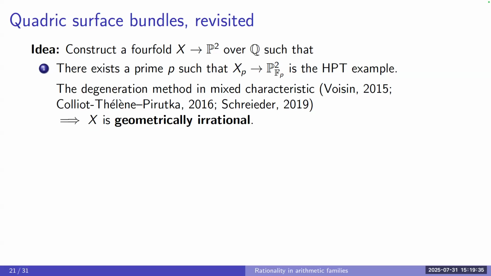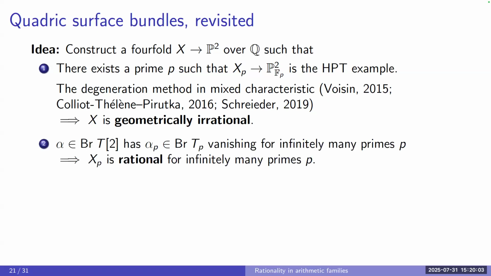This goes back to the degeneration method, or specialization method, initiated by Voisin, then worked out in mixed characteristic by Nicaise and Ottem, and further refined by Schreieder. So having this one fiber that has non-trivial unramified cohomology implies that the fourfold over Q is geometrically irrational. And then this Brauer class vanishing would give me the rationality mod p.